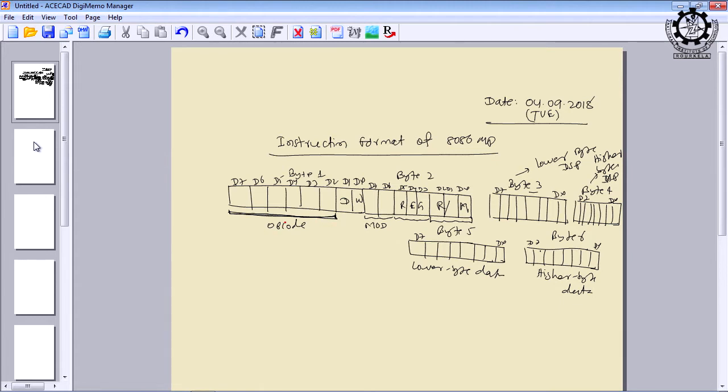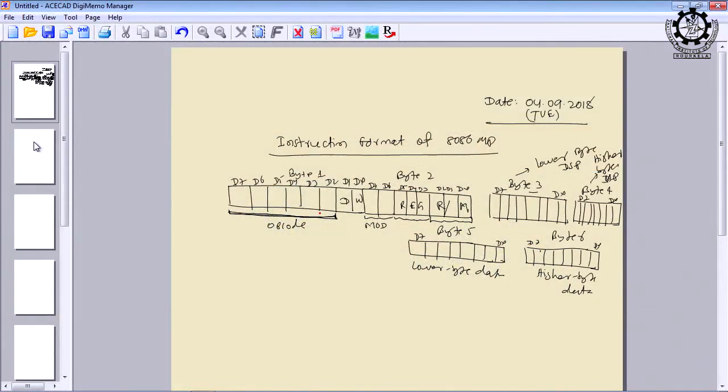What is the meaning? You can see in the very first byte, just for the time being ignore D0 and D1. If you take D2 to D7, there are 6 bits. These 6 bits will indicate opcodes, right? Because of these 6 bits, we can get 2 to the power 6, how much? 64 combinations, and each combination can be assigned to an opcode.